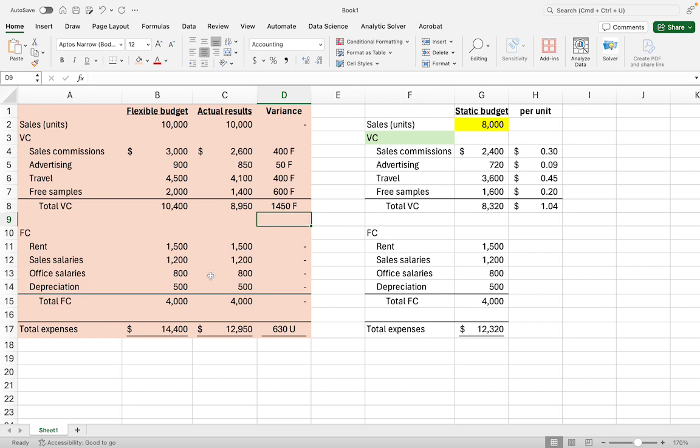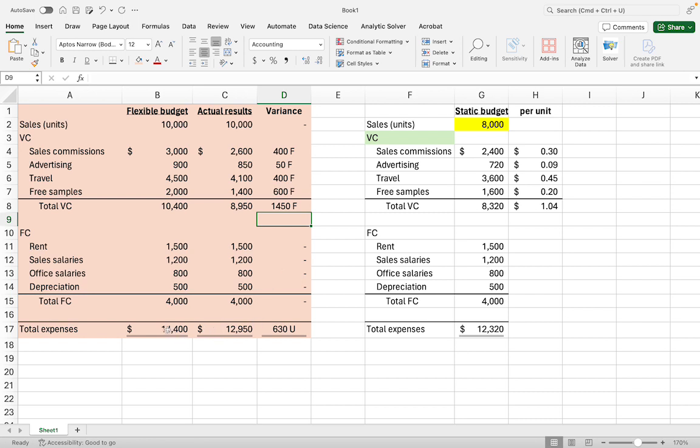Now notice there is no change in the fixed cost. The fixed cost variances are all 0 because a fixed cost variance cannot be caused by changes in volume. Okay? Fixed costs can change, but they can't change because we sold more or less units than we thought.